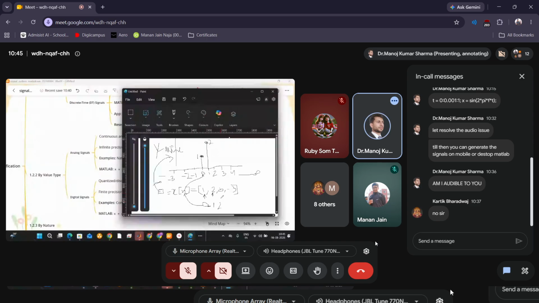At position 2, the value of n, the value is 0, right? And at 3, this is the value of n. At this point, we have the value minus 3.